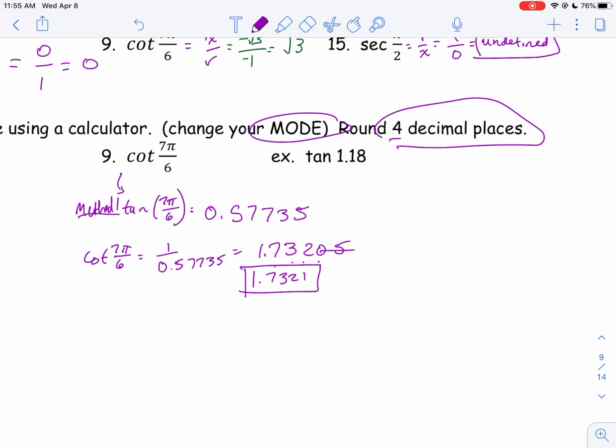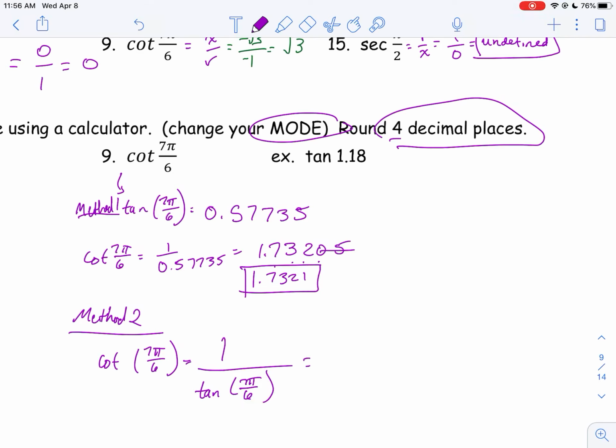Let's see if we get the same thing with the other method. So this is method 1. Method 2. I can just type directly into my calculator to find cotangent of 7 pi over 6. I know it's going to be the reciprocal, 1 over tangent of 7 pi over 6.